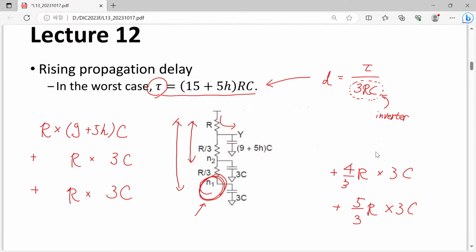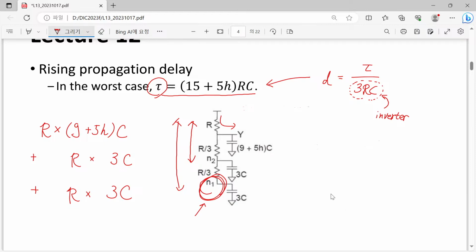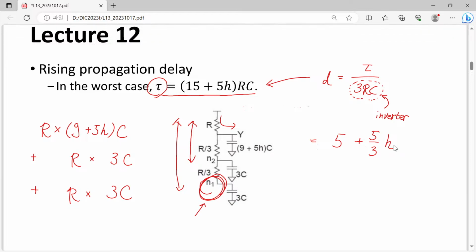So in this case, what will happen to our normalized delay? If we take this division, then you can find that D equals just 5 over 3 plus H. So that is the observation.